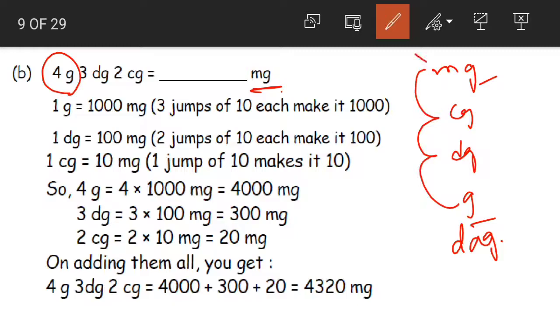1, 2, 3. 3 jumps. So grams are to be multiplied by 1000. After 1, 3 zeros. Next we have decigrams. Let us erase this. Again decigrams to milligrams. 1, 2. 2 jumps. So decigrams are multiplied by 100.